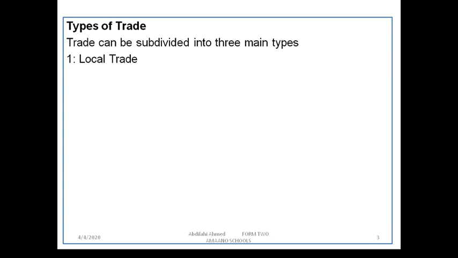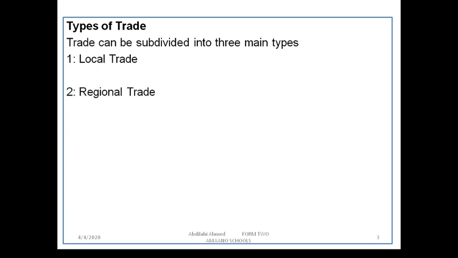Local trade can also be defined as a trade that happens among a homogeneous people who have the same culture, the same religion, the same language, and who live in the same place. It can also be called a trade that happens in the same geographical area. So local trade is the first one.